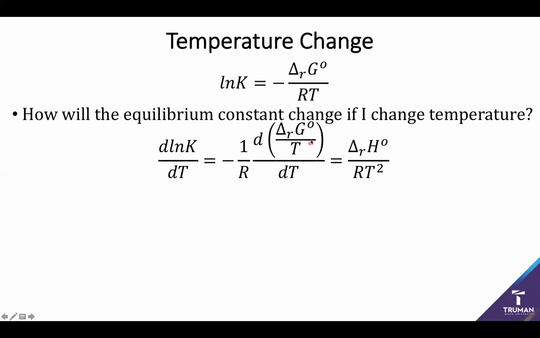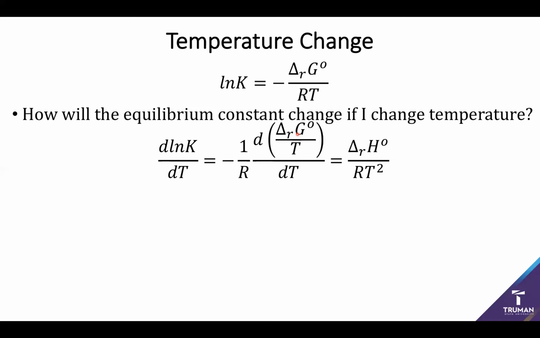So at this point, I now am looking at the change in more or less my total entropy with respect to temperature, which hopefully should get some wheels turning in the back of your head because it's been a couple of chapters, but this is our Gibbs-Helmholtz equation. It makes an appearance once again.